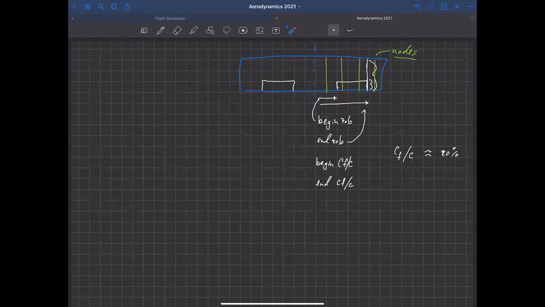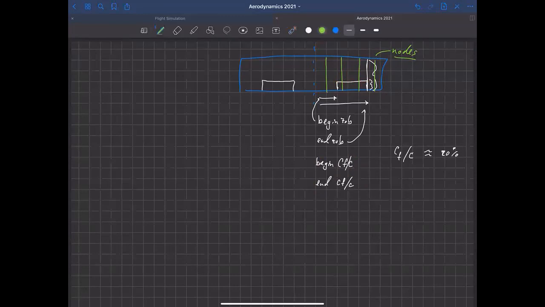For starters, we could think, well, if we've got a rectangular wing and I'm given a beginning and an ending CF over C, then I could just linearly interpolate between them, right? If I know the Z over B locations of each of these. So if we were going from like 15% to 20%, then maybe this would be like 16%, and that would be like 19% or something like that. This would just be a linear change in CF over C, right?